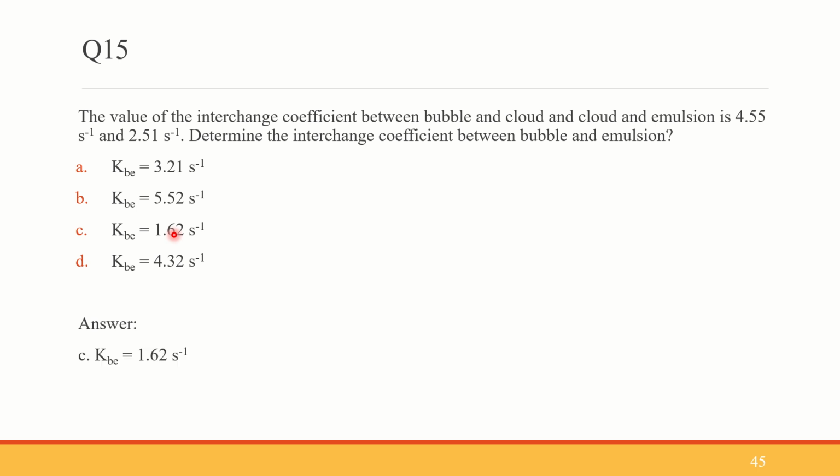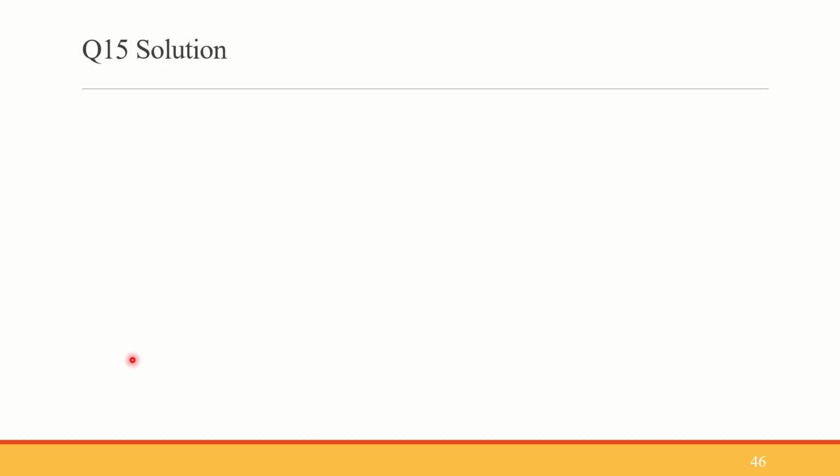So we'll see the solution. Answer is option C, KBE is equal to 1.62 per second. Steps: KBC is given as 4.55 per second and KCE is 2.51 per second.